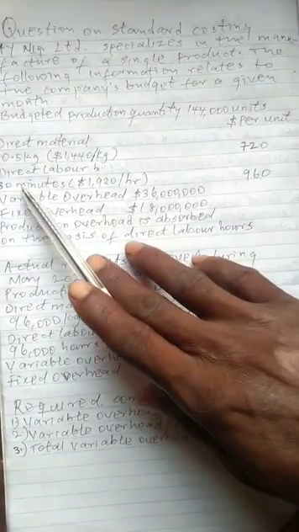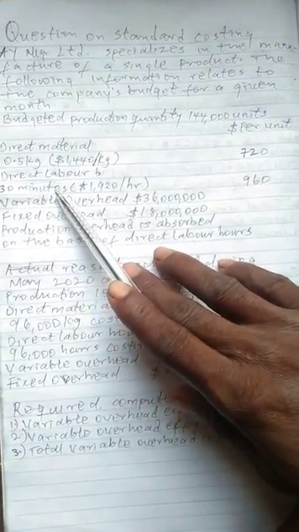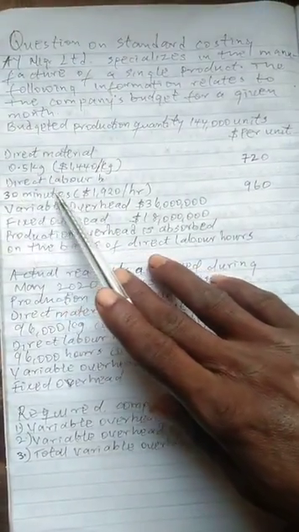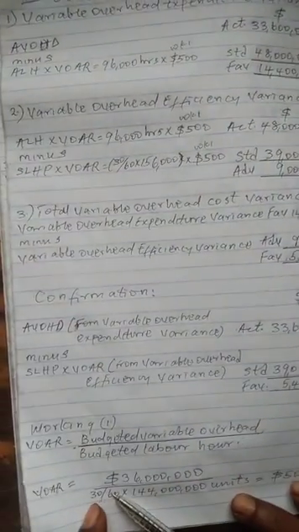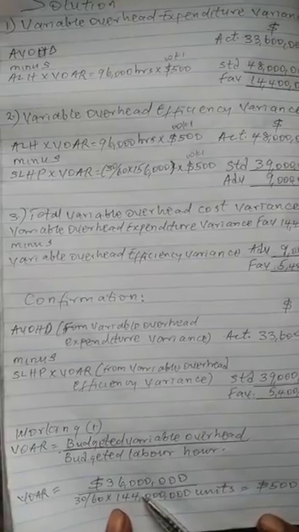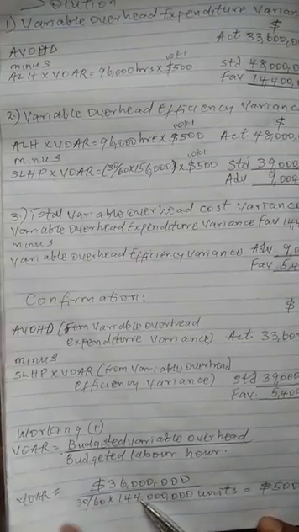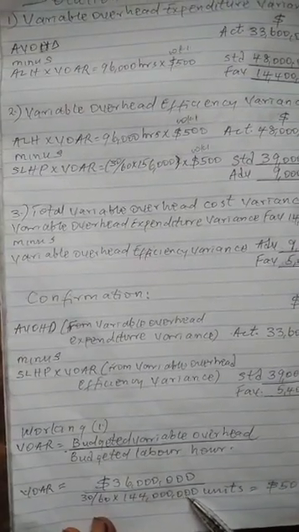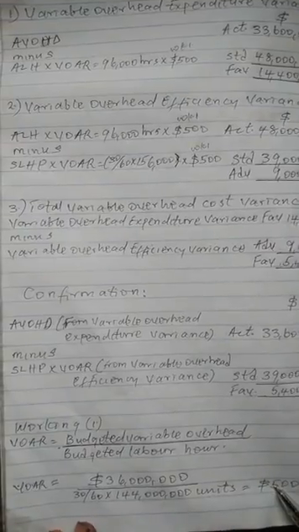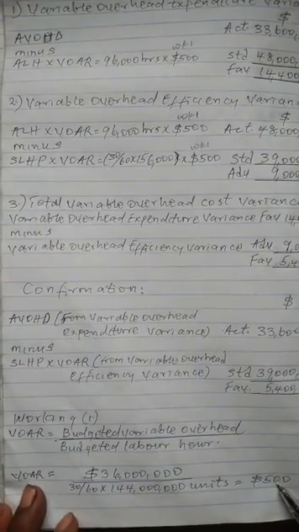You have to take the 30 minutes to hours: 30 divided by 60 gives us 0.5. That means for 1 unit is 0.5 hour. Multiply by 144 units, and this divided by this gives us 500,000.